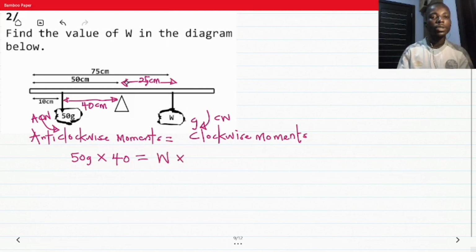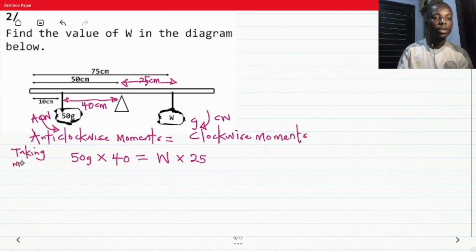equals to the W, the force, times the distance, which is 25. We took moment about the pivot, I forgot to write that.